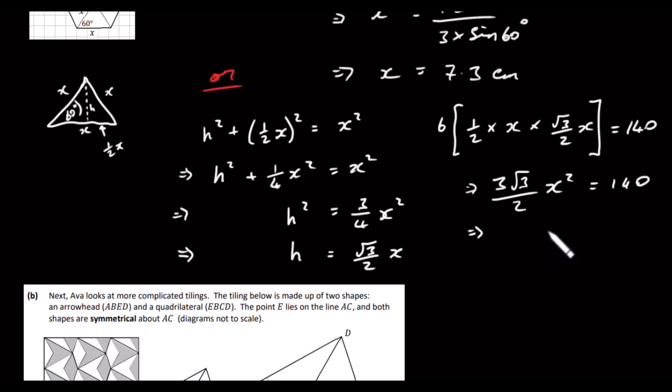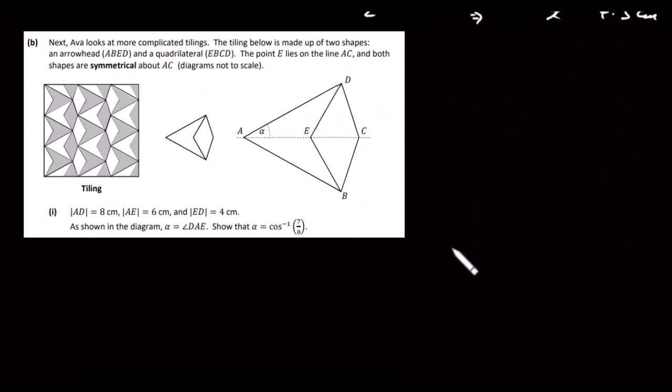That'll give you x squared is equal to 53.886 and so on. So we just get the square root of 53.886, and that also gives you 7.32 centimeters, 7.3 to 1 decimal place. So just 2 different ways of doing it. There are probably others as well. Let's have a look at the next one then.